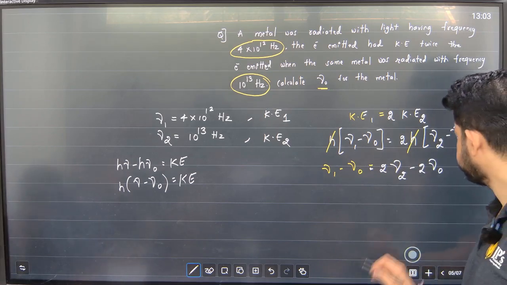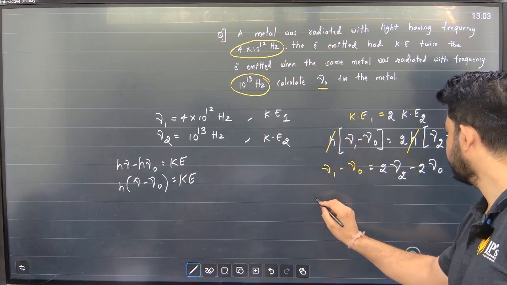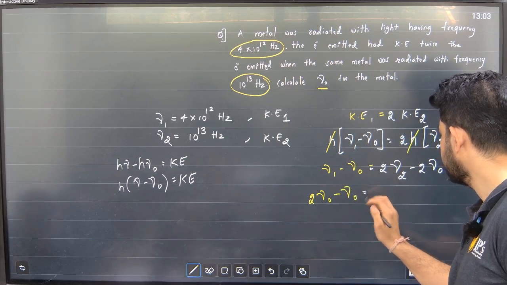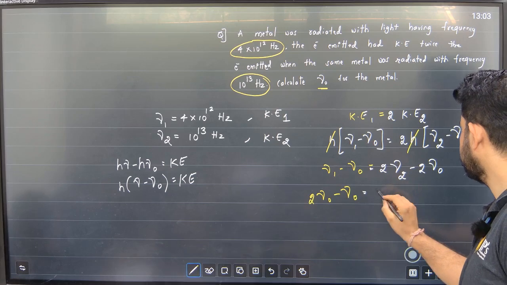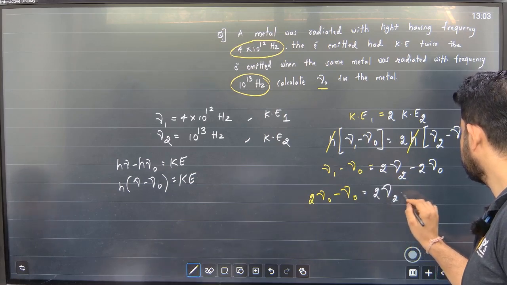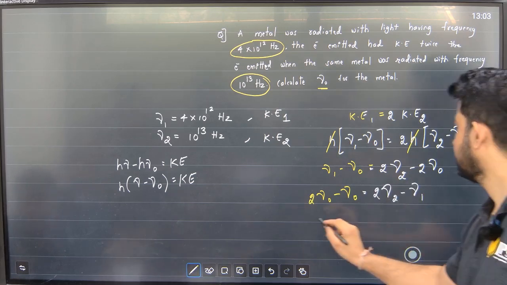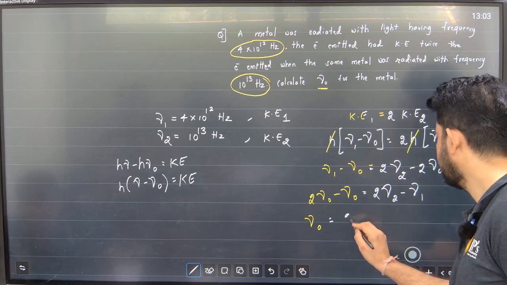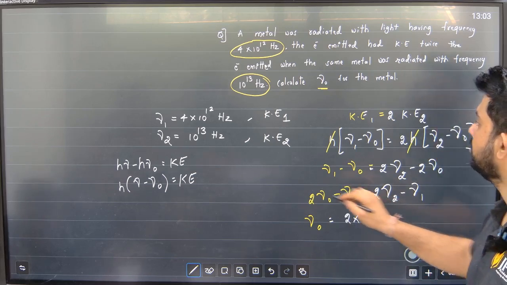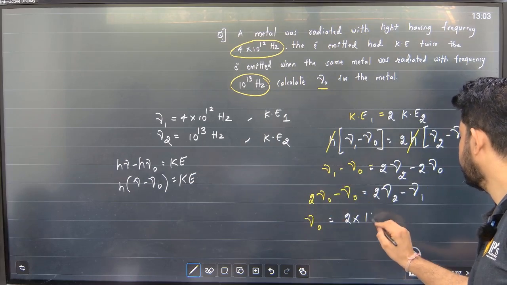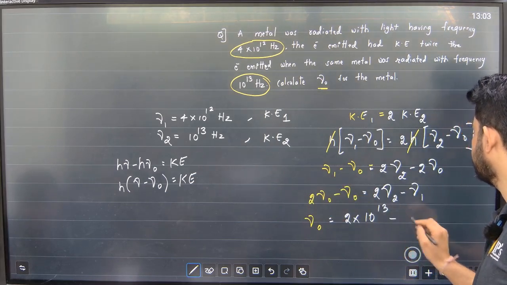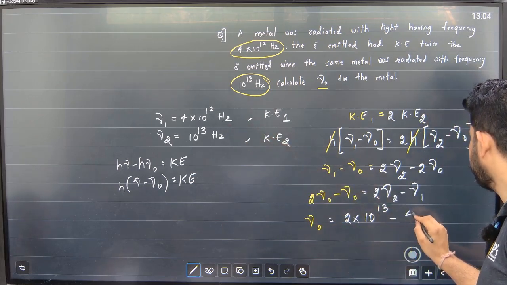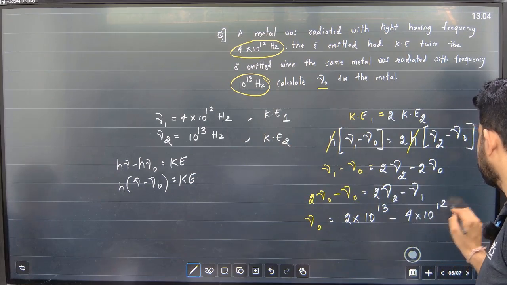Quickly. I can take 2 nu naught here minus nu naught, and I can take nu1 to the right. Therefore nu naught will be 2 into nu2, whose value is 10 raised to 13, minus nu1, which is 4 into 10 raised to 12.